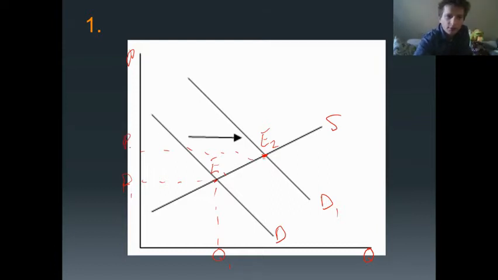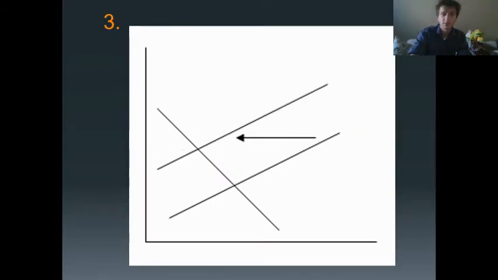We draw out our new price and our new quantity. You'll see that looking at the y-axis, your price has increased and your quantity has increased. So due to the increase in demand, price and quantity both increased. Now let's move ahead because the second one really covers the same thing.